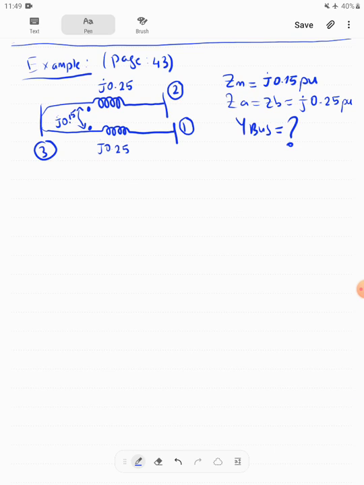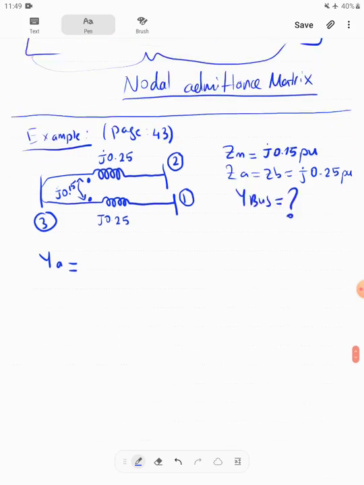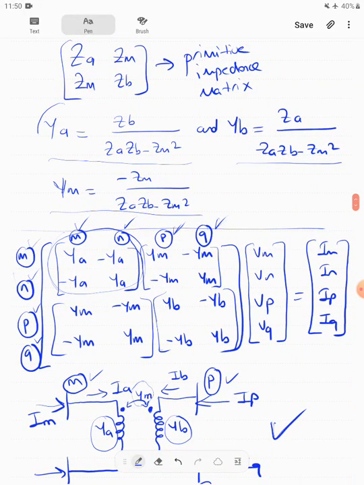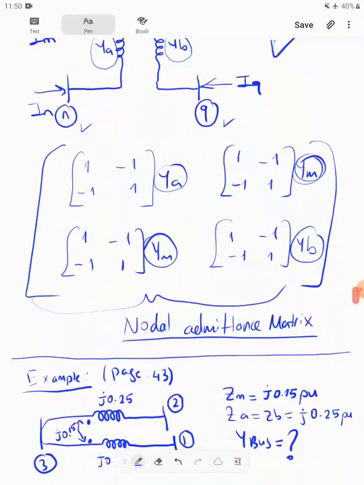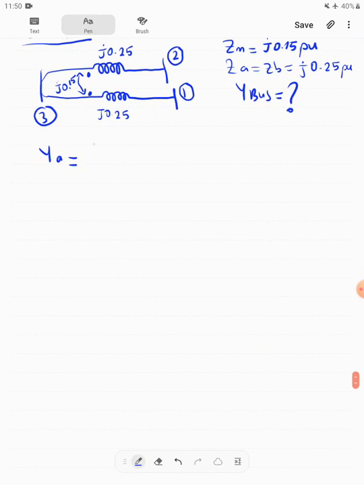At first, we have to find the corresponding admittance values. What is Ya? If we come here, you see this is the equation necessary in order to find Ya. So Ya is written like this: Zb over ZaZb minus Zm squared.